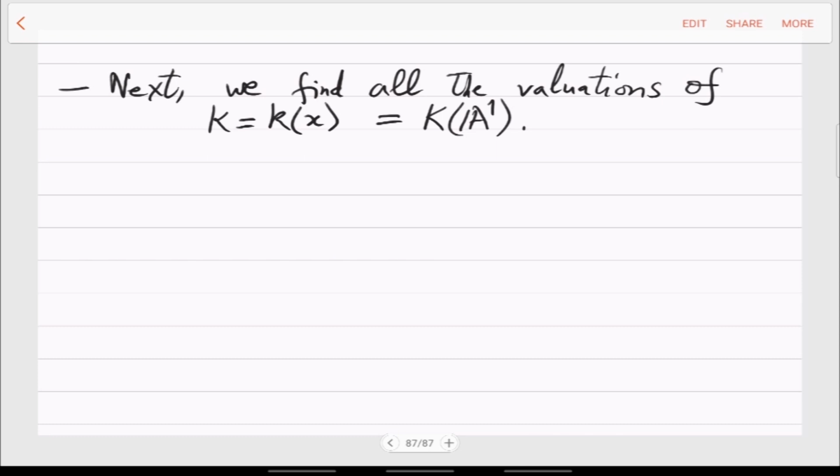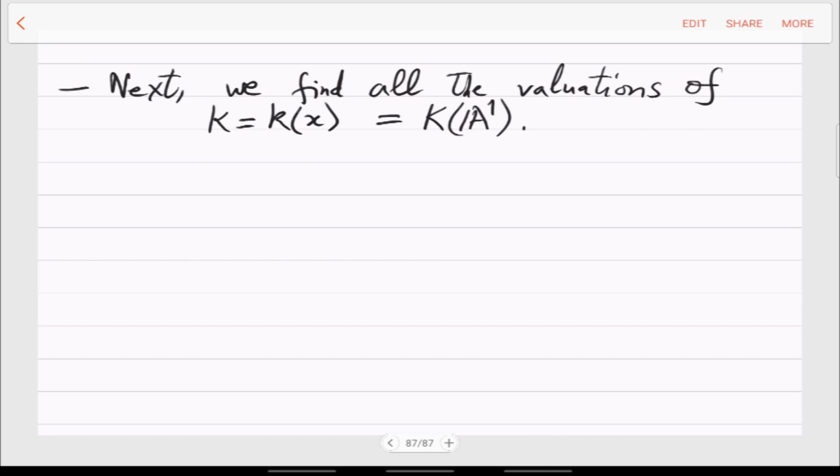It's a map that sends every field element to an integer such that it respects the multiplication and the addition. The axioms are in orange. For multiplication V should be additive, and for addition it should be at least the minimum. So V of alpha plus beta should be at least the minimum of V alpha and V beta.